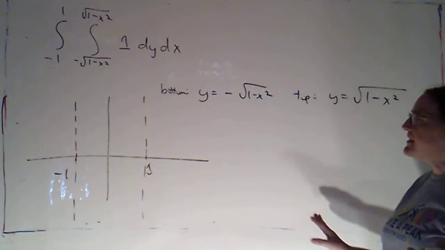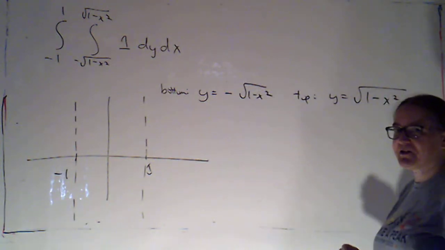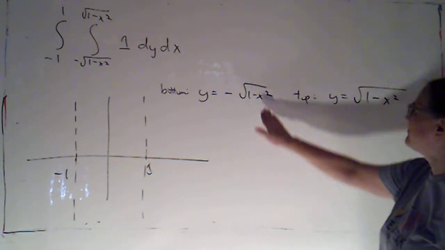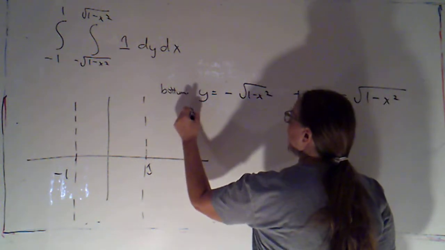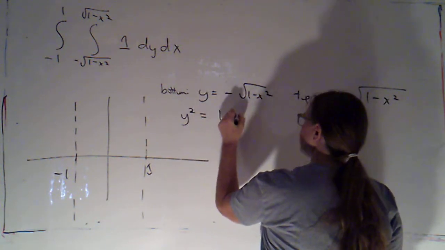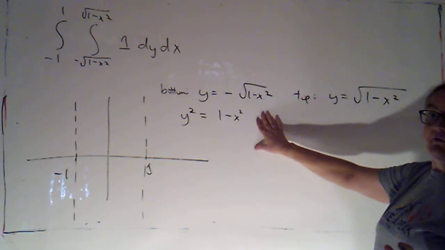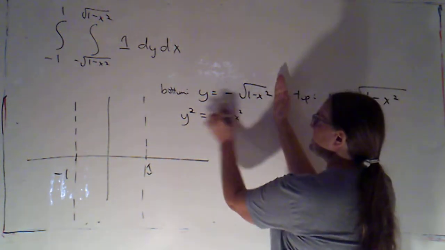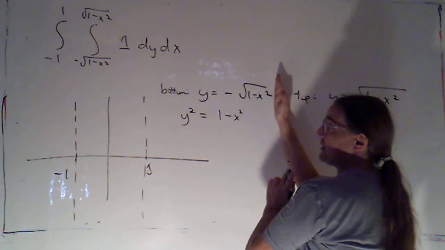Now, when you see things where you've got a square root of a subtraction problem and a variable squared, pay attention. To see what this looks like, I'm going to square both sides. So I'd say y² is equal to 1 - x². But in squaring both sides, I just lost some information. Because here, I could see that this y value was never positive, because it was the opposite of a square root.